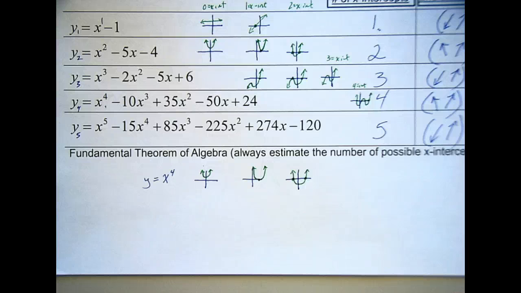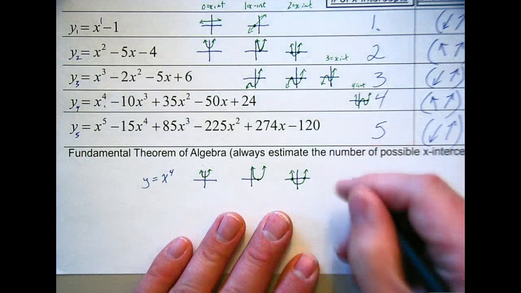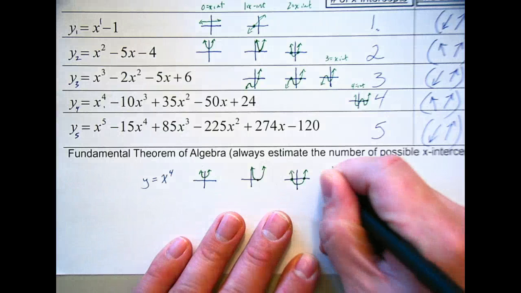All right. Could we have 3? Okay, anyone think of a way to have 3? Yeah? If it was shaped like a W and the little dip in the middle hit the x-axis. Oh, wow. Look at that. It's pretty impressive.